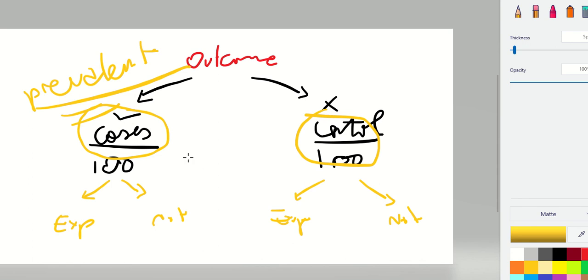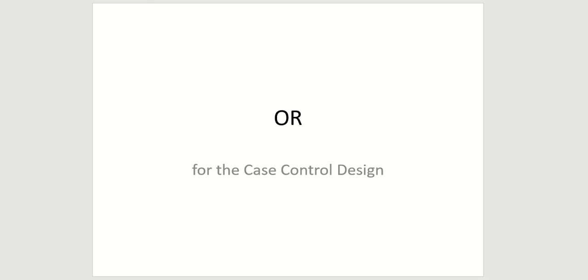The last thing is that you're starting from the endpoint, the outcome, and then going back into the exposure, and therefore it's called a retrospective design. Point being, this design does not allow you to calculate incidence, and therefore we cannot talk about risk. So we have to do something else. Let's go back to the lecture.